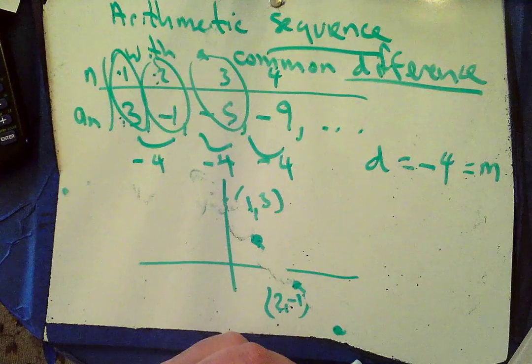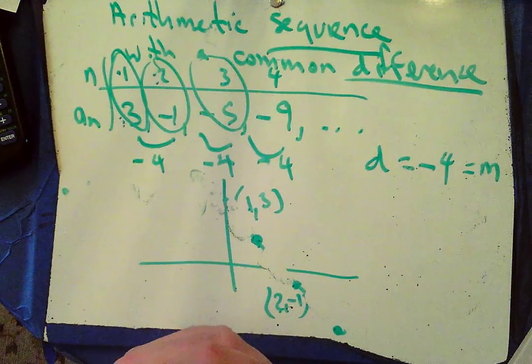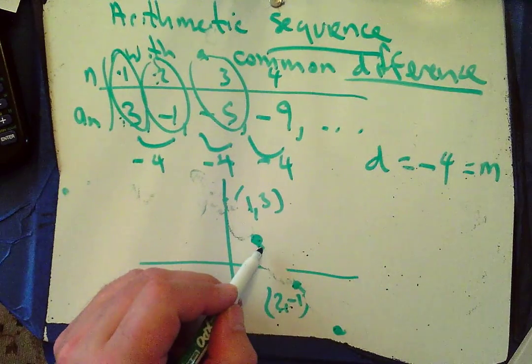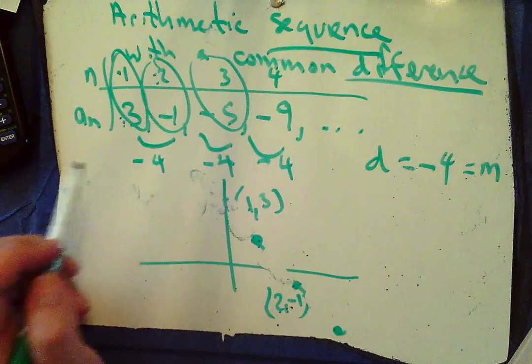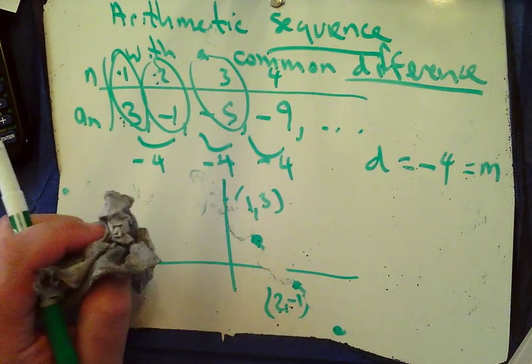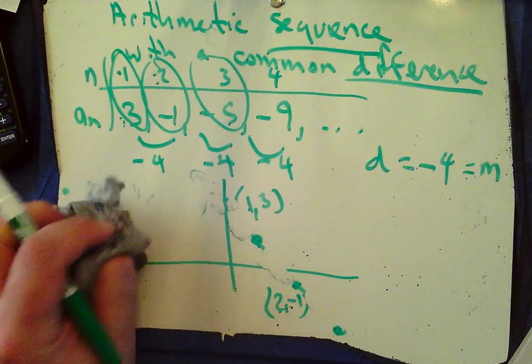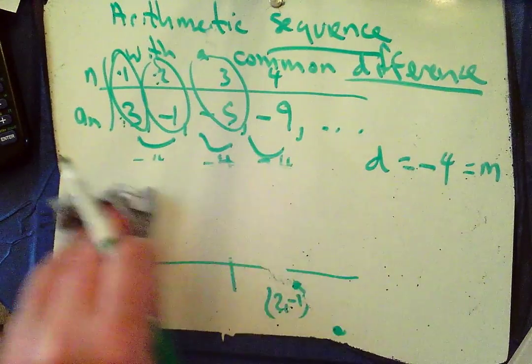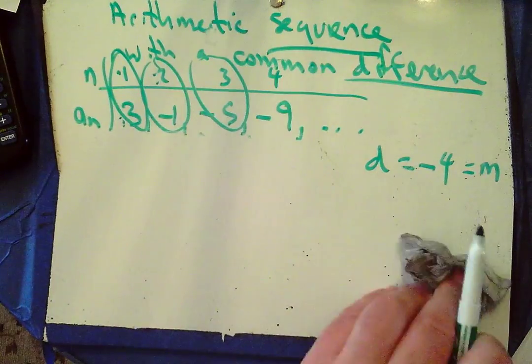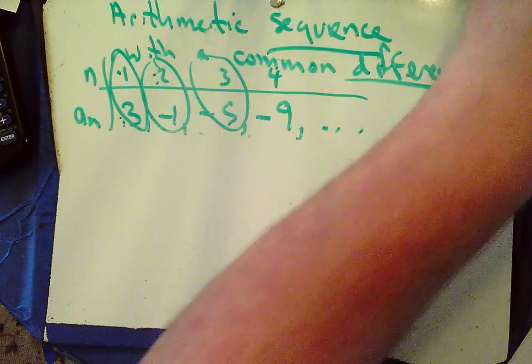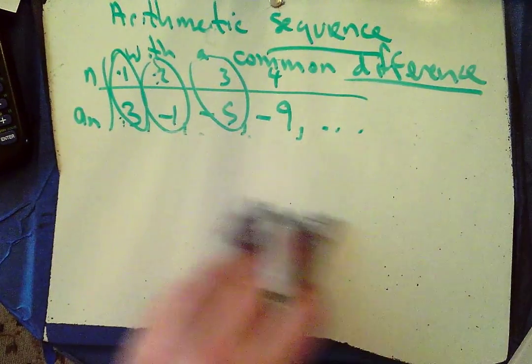So these dots would sit on top of the line negative 4x plus 7, but there are many, many fewer points in this sequence than there are on the line. Having said that, we can really use that understanding that an arithmetic sequence is really just a linear equation model that we're making.